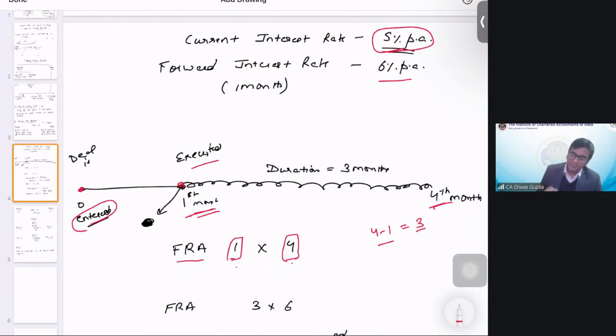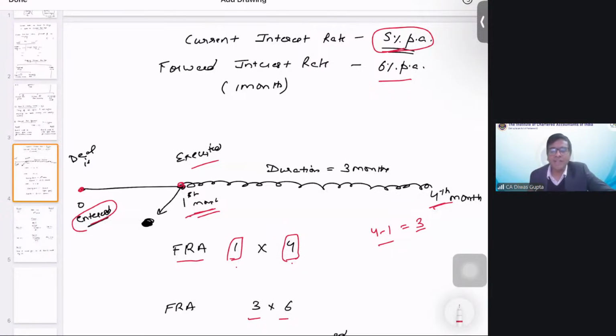Now, FRA 3 by 6 will mean what, students? Come on, tell me. When will it start and what will be its duration? Yes, Lavanya, you're right. Saminathan, you're also right. Perfect.